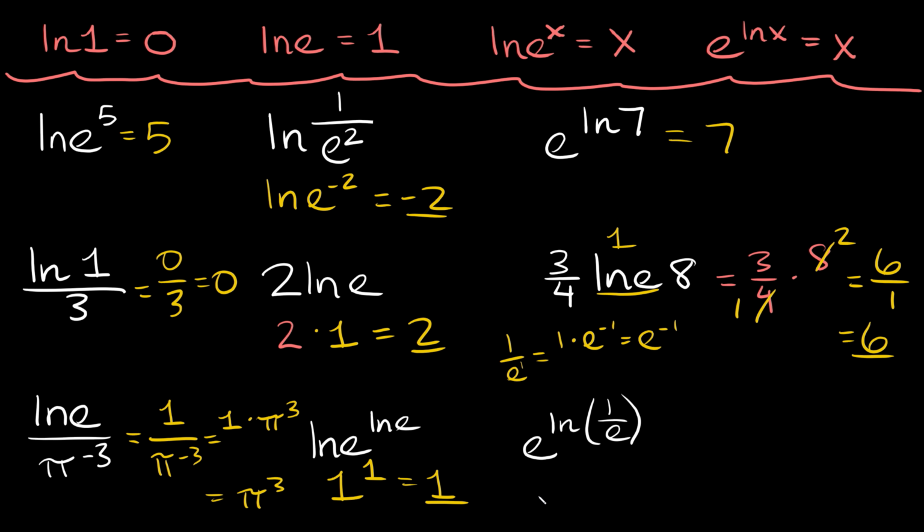So here we can rewrite this a little bit. We can say e raised to the natural log of e raised to the negative first power. Now here you might recognize we have the natural log of e, right? So that's case number 3, right? The natural log of e raised to some exponent is equal to just that exponent. So then here, this is going to be equal to e raised to the negative first power.